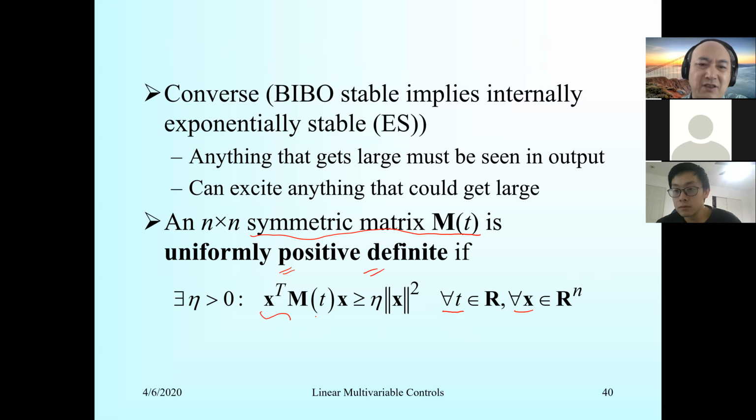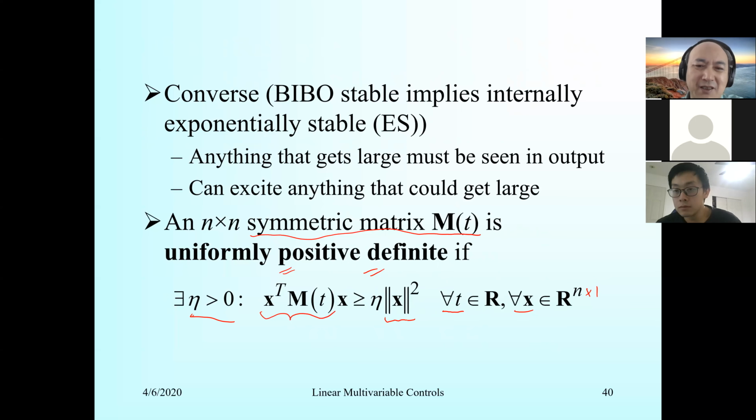So this is supposed to be what? It's a quadratic form, okay? x is a vector. So you can always bound this one from the bottom with eta. Eta is non-zero, it's positive. Okay, so where's the size of my x? That reminds you of a Lyapunov function, right?